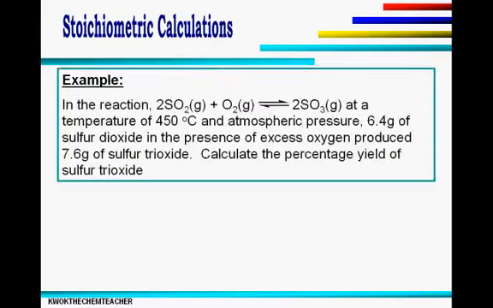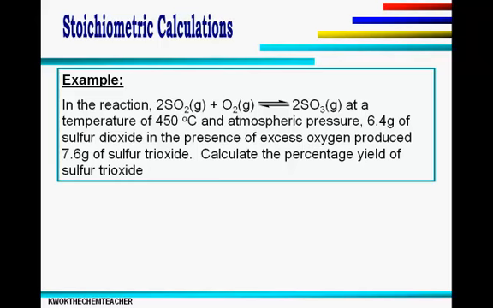The next example: in the reaction between sulfur dioxide and oxygen to form sulfur trioxide at a temperature of 450 degrees Celsius and atmospheric pressure, 6.4 grams of sulfur dioxide in the presence of excess oxygen produce 7.6 grams of sulfur trioxide. Calculate the percentage yield of sulfur trioxide.